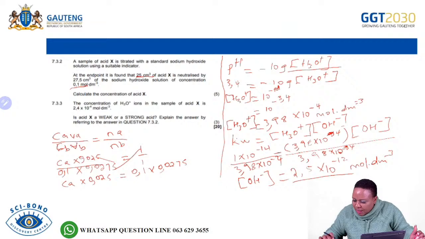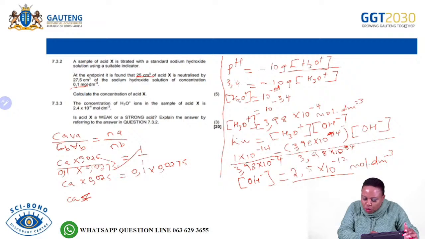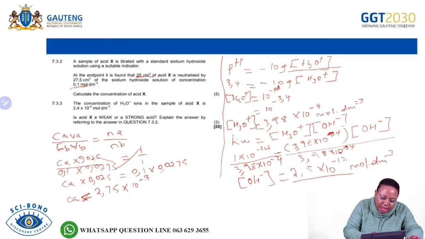So this multiplied by 0,1 gives us CA equals 2,75 in an exponential form. Even if it's not in exponential form, it's okay. It's still correct. Divide by 0,025, which is the volume of the acid.